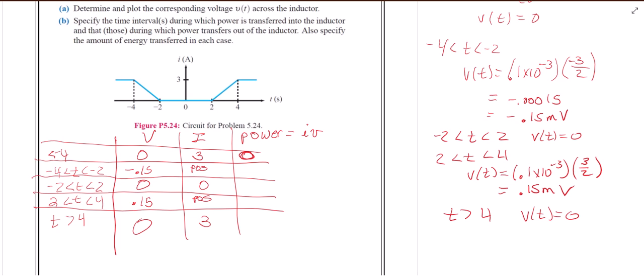Between -4 and -2, we have a negative times a positive, that's negative. Between -2 and 2, it's 0. Between 2 and 4, we have a positive times a positive, which is a positive. And greater than 4, we have 0. And remember, a negative power means it is supplied, and a positive power means it is absorbed.